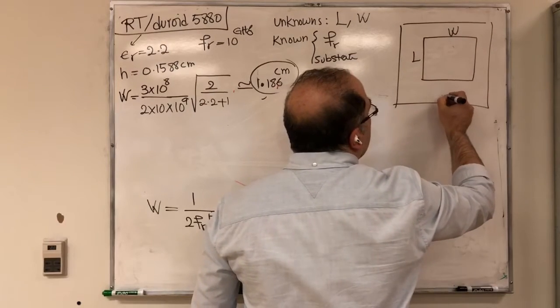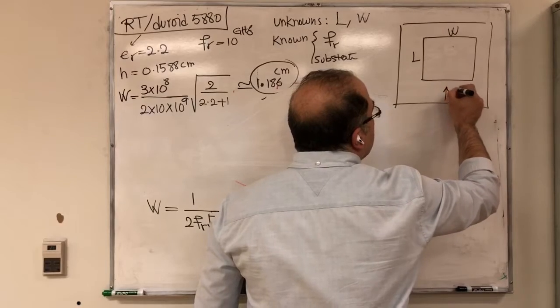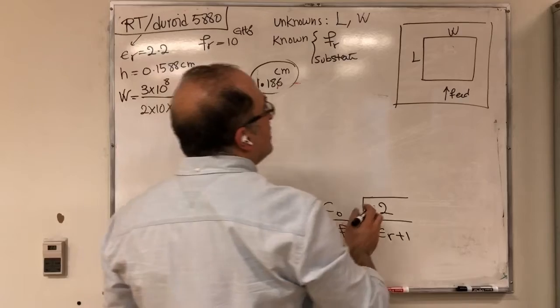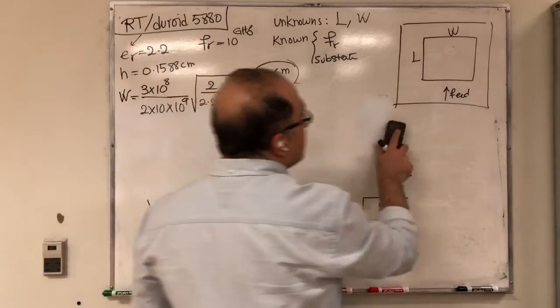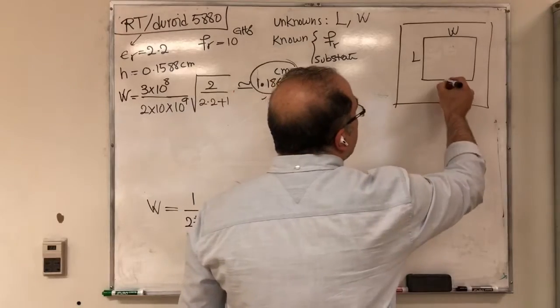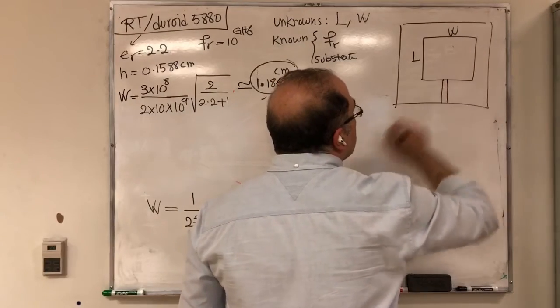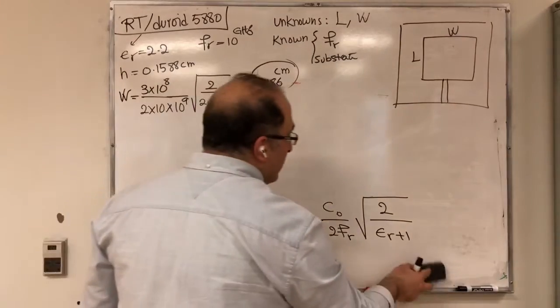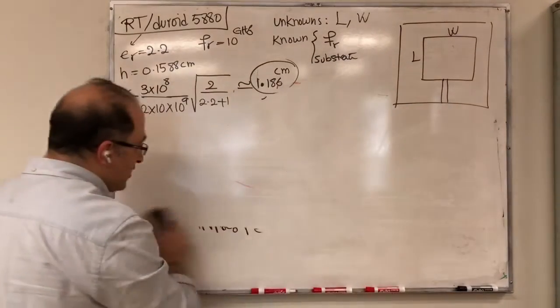This would be my L, and I'm gonna feed it from this side. So this is the W and L, and instead of that, maybe I can just use a microstrip line. I'm gonna talk about feeding later on. So this is the situation that I have. Now I need to go for my L, which is the length of the patch.